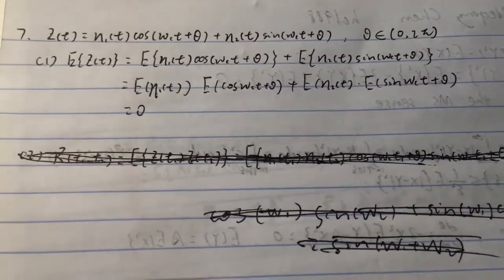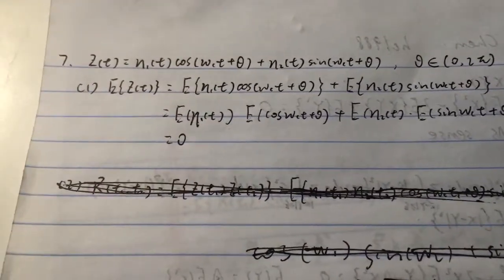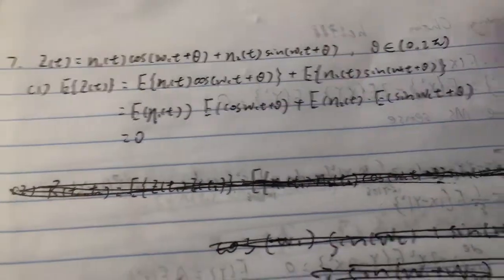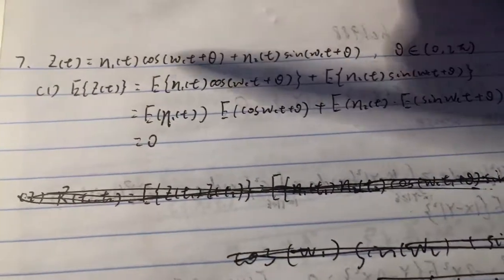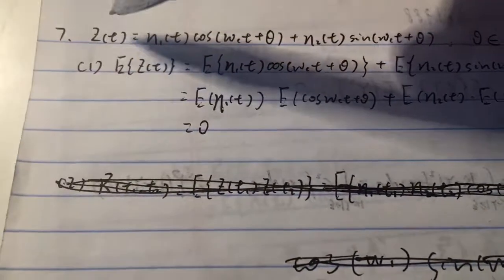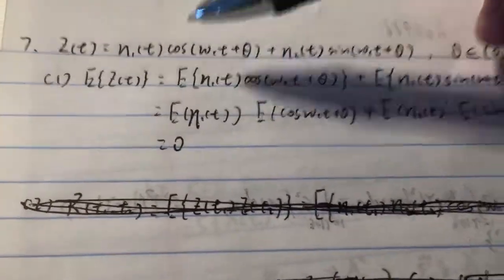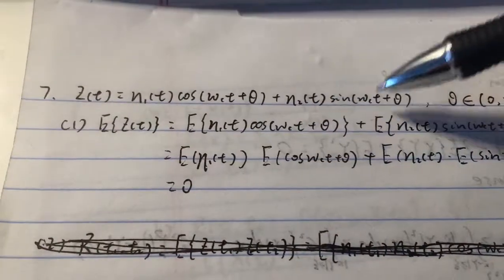Now we are in homework 7, problem 7. In this problem, we have a random variable z(t), and we have the formula equal to this.